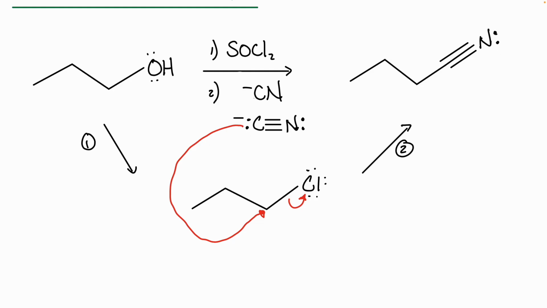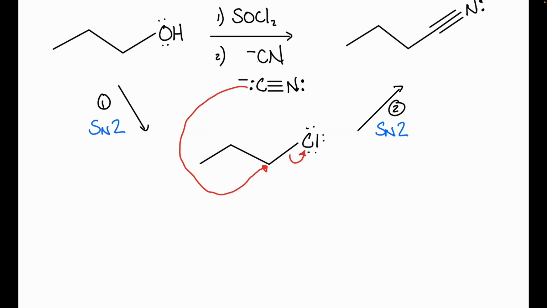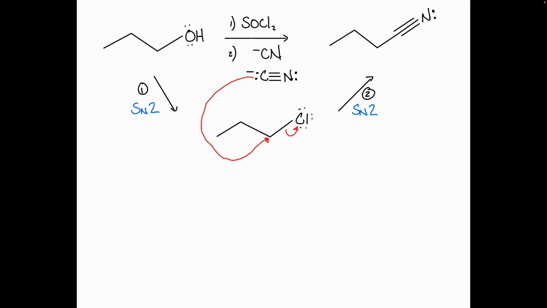This substitution mechanism where your nucleophile attacks and your leaving group leaves all in one step is that SN2 mechanism. So not only was that first step an SN2 using our thionyl chloride, the one that we didn't look too closely at with electron pushing arrows, but the nucleophilic attack of our alkyl halide is also an SN2 mechanism.